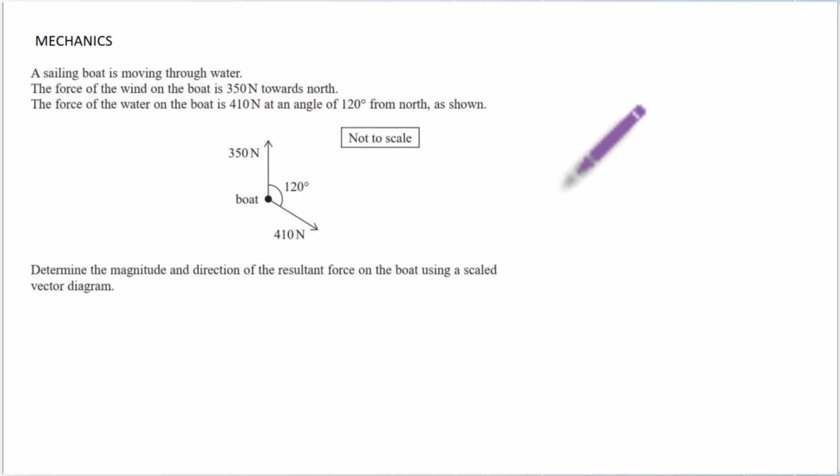So always remember, vectors must be arranged tip to tail. This is 350, and I place the tail of 410 at the tip of 350 like this. This is 410. And guess what?